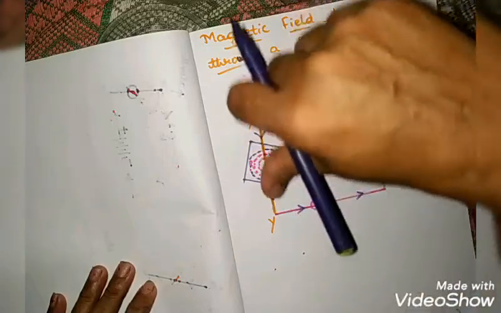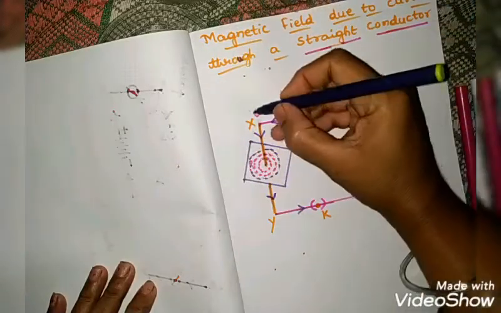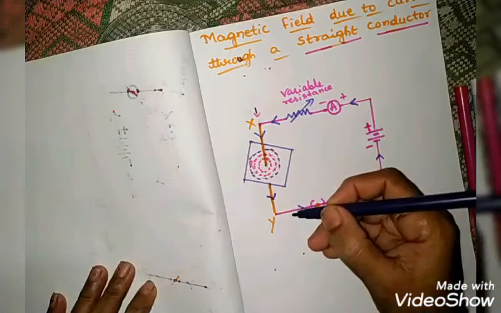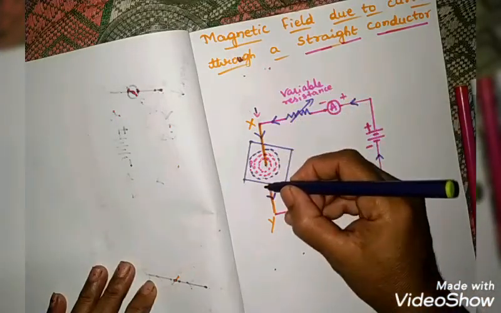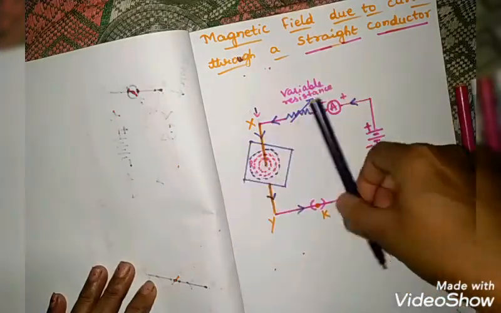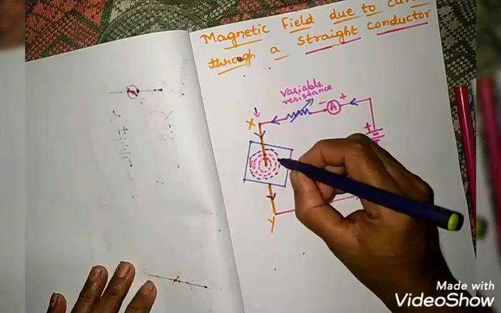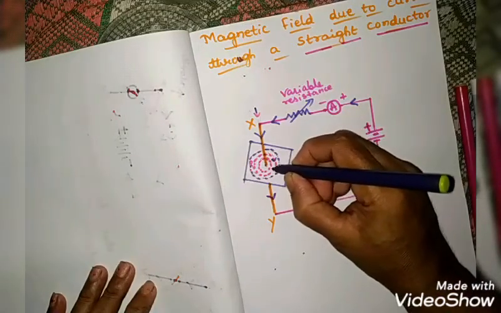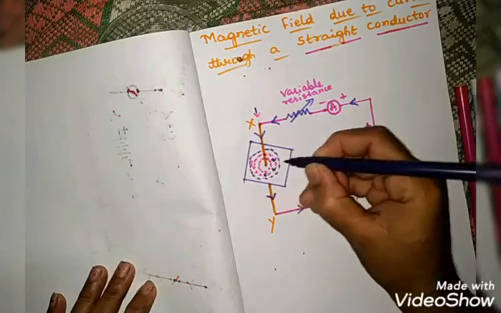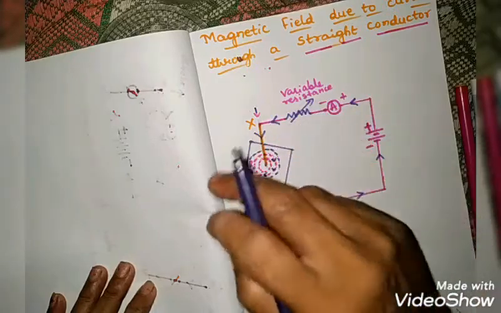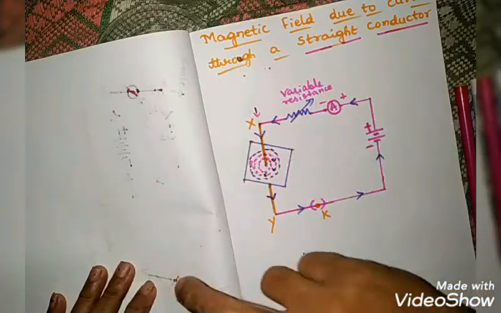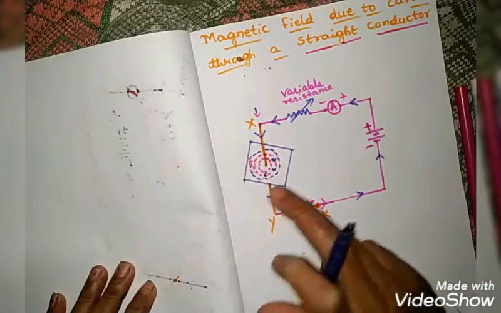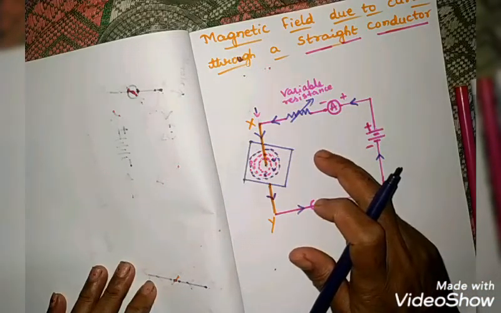If downwards is the direction of the current across the conductor, then the direction of the magnetic field will be in this direction. Observe the arrow mark. Left to right, that is the clockwise direction.